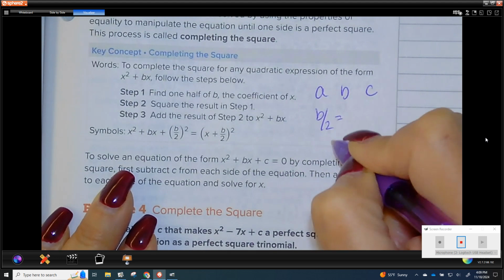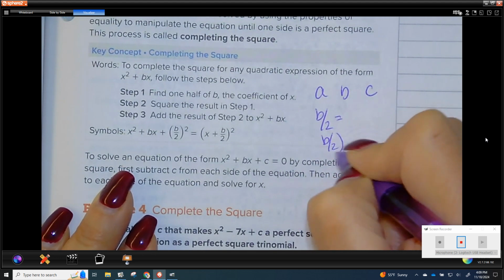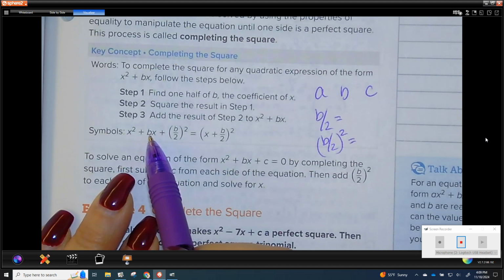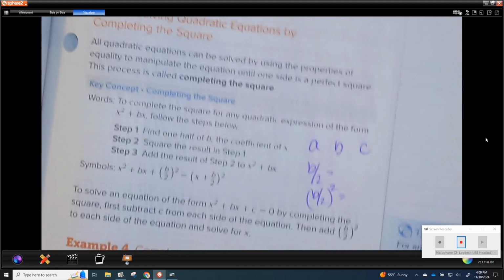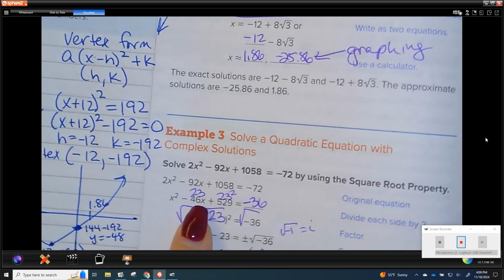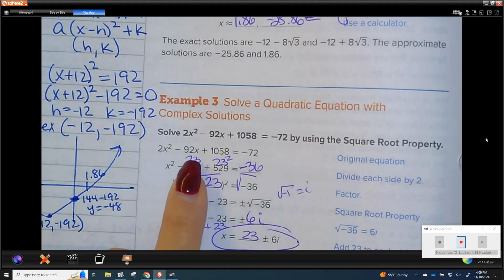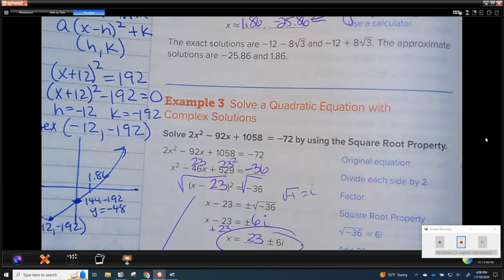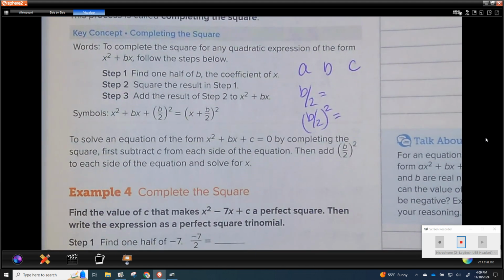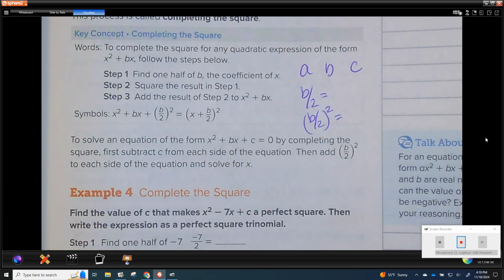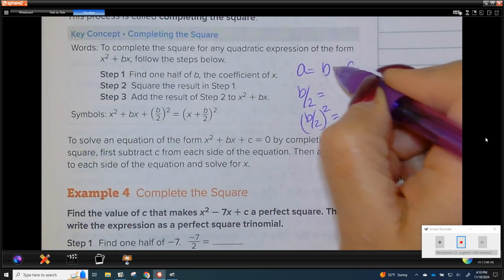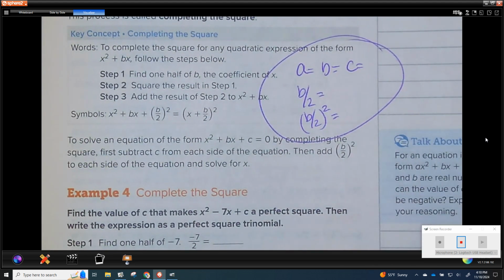And then you square that number. Because why? That's b and half of b squared. So when I was over here, b is 46, half of b is 23. This is 23 squared. That's how I know it's a perfect square. Now these that we're going to do now are not perfect squares, but we're going to force them to be. But always start out with finding these values and you won't go wrong.